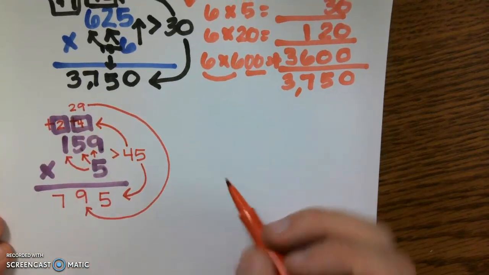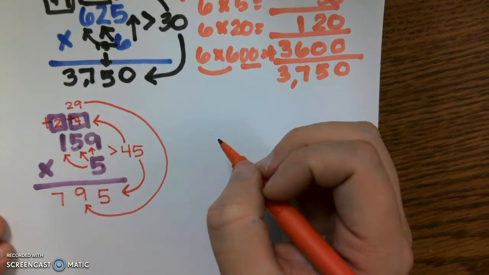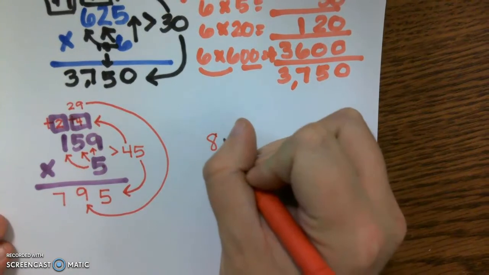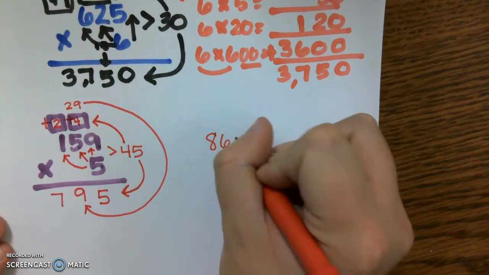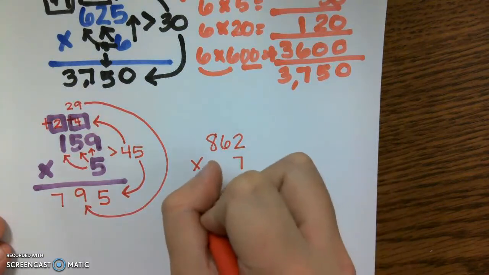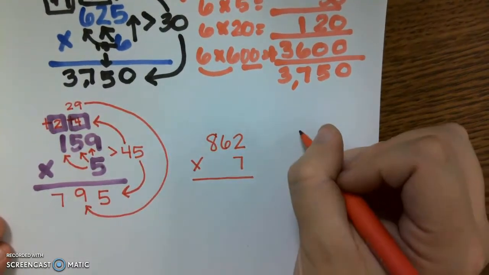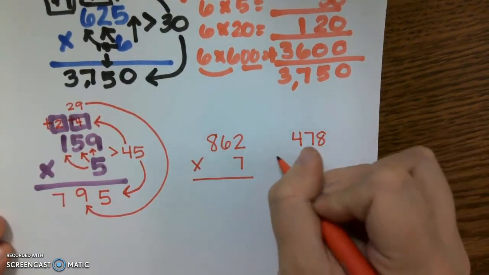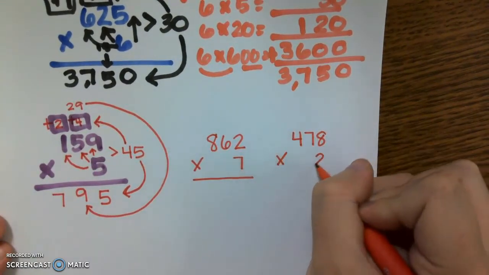Okay? So here's some extra practice problems. If you're feeling like you need some extra practice, you can try these, and you can pause the video to complete these. 862 times 7. 478 times 2.